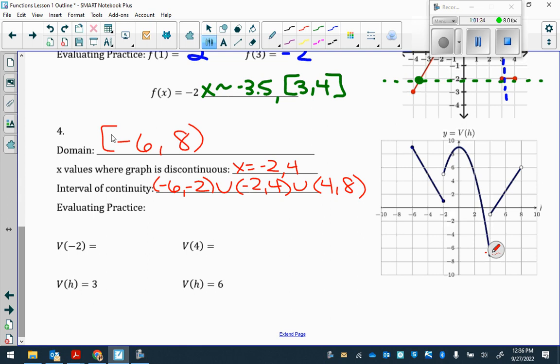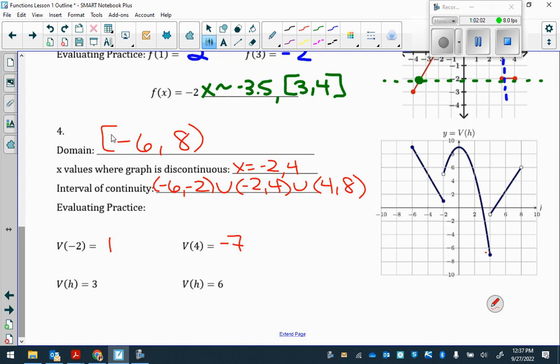All right, now we get into evaluating. V of -2 would be what? Isabel? Excellent. Good. Okay. V of 4. What do you have? V of 4. -7. Good. Excellent. Yeah, -4.